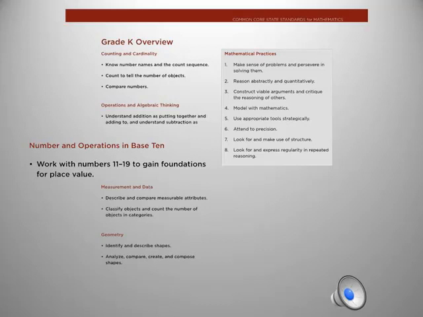Students must also understand that these numbers are composed of 10 ones and 1, 2, 3, 4, 5, 6, 7, 8, or 9 ones. After students have mastered composing and decomposing numbers with pictorial or numerical representations, they are then expected to start understanding what is within a number.